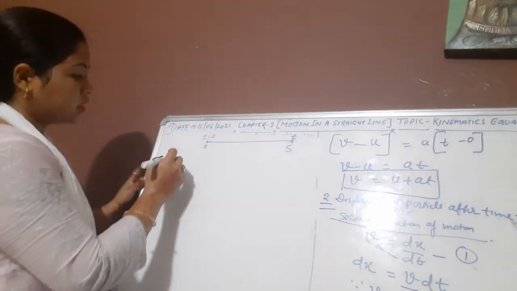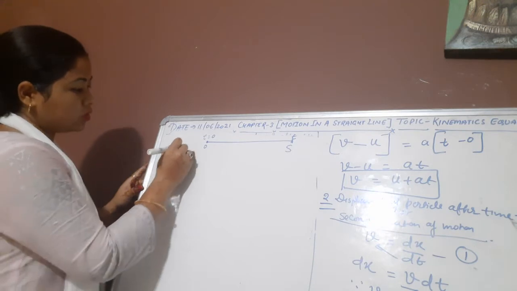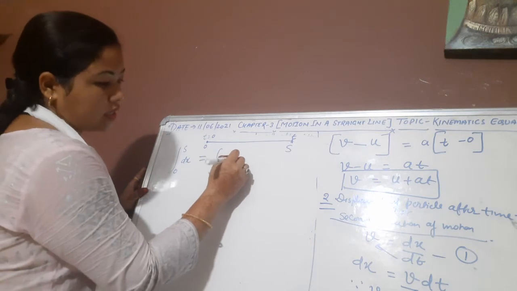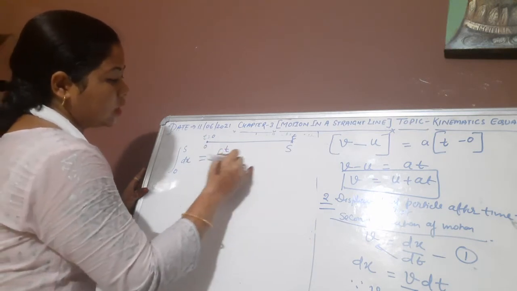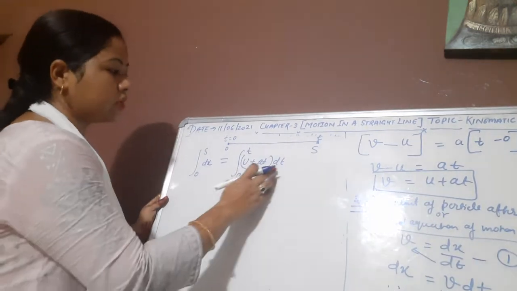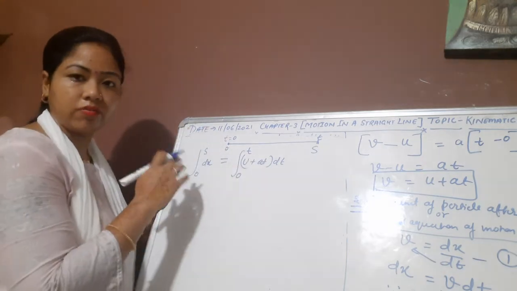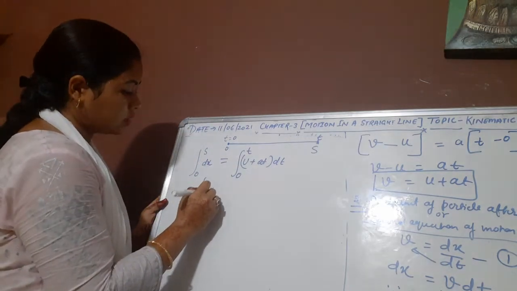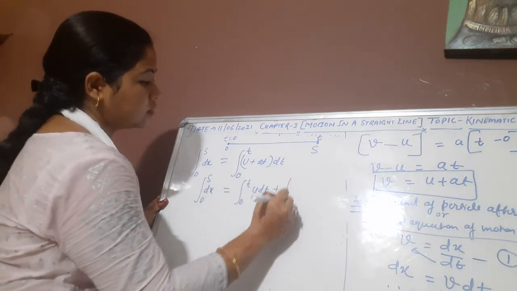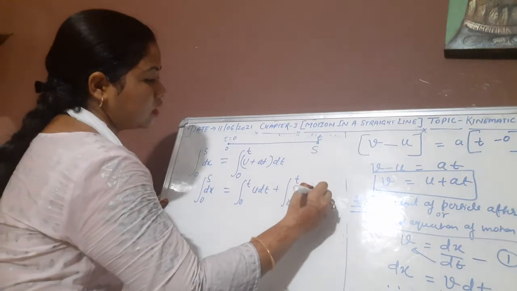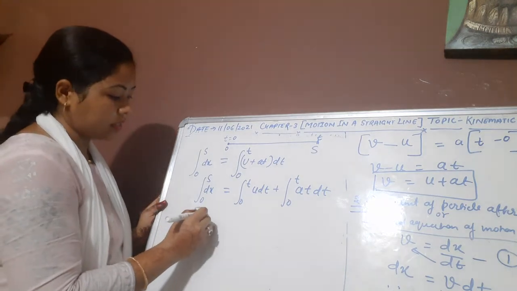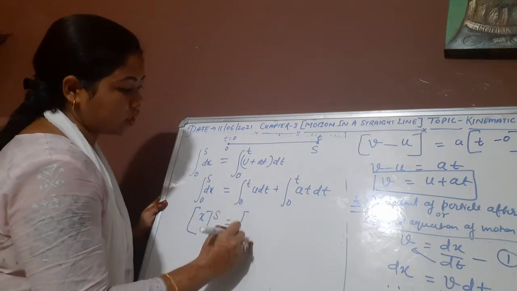So we'll place the limits: on the left side 0 to s dx equals integral of u plus at, and the limit of the time is 0 to t, dt. Now this is the addition of two terms, so we will separate the integration sign and the derivative for each term. Then integral 0 to s of dx will be equal to integral 0 to t of u dt plus integral 0 to t of at dt, right? Now integration of dx will be x within the limit 0 to s, equals integration of u dt.